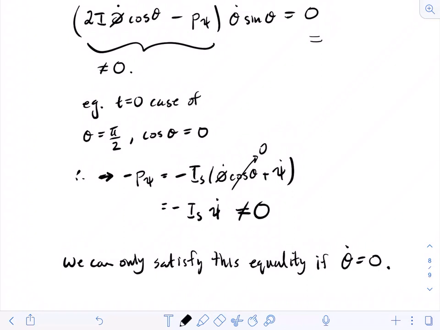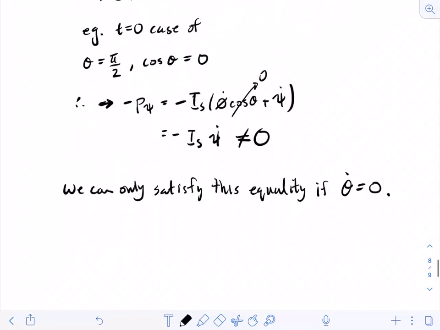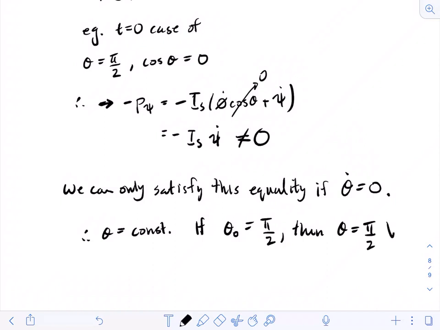Okay, but we initially set theta to be pi by 2, and if theta dot's 0, that means theta stays at pi by 2 for all time. Okay, so therefore theta is equal to a constant, and if theta 0 is equal to pi by 2, then theta is equal to pi by 2 for all times.